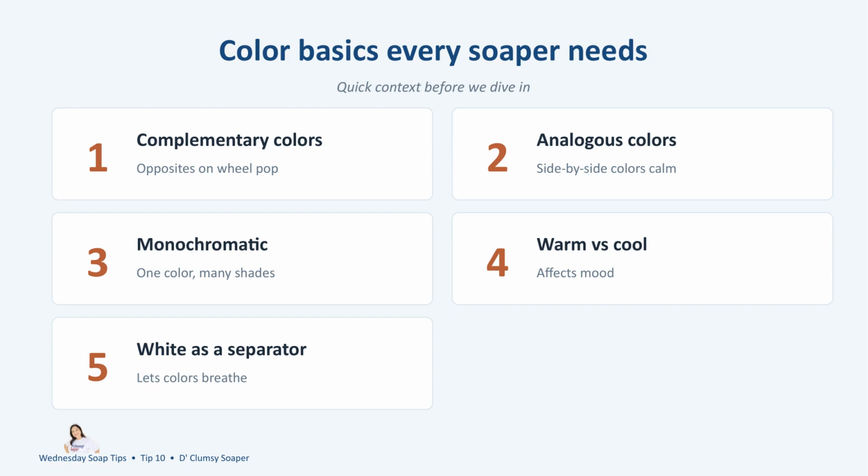Monochromatic designs use one single hue in multiple shades for elegant simplicity. Warm versus cool tones directly influence the emotional mood your soap communicates to a buyer. And white, often underestimated, acts as a visual separator that gives your colors room to breathe and stand out cleanly. Keep these 5 in mind as your design toolkit.